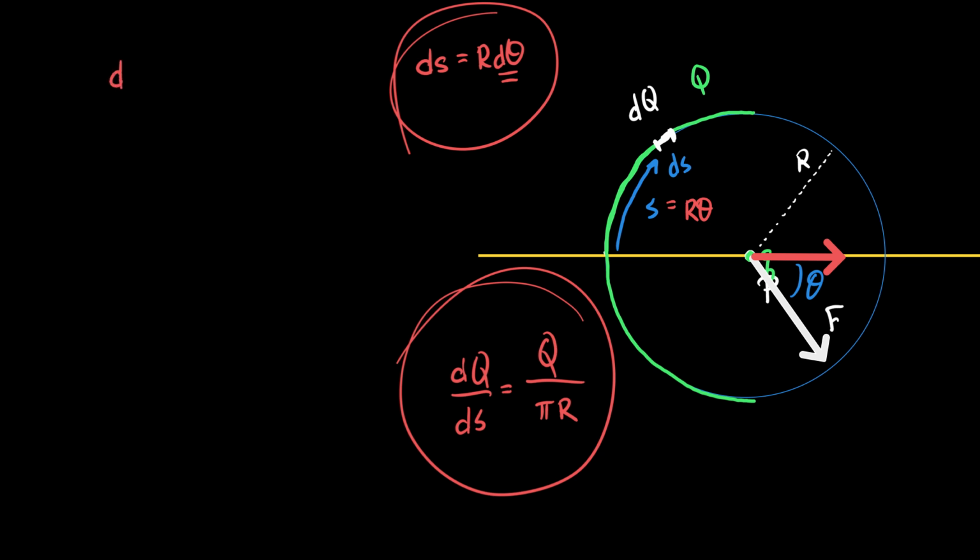First, dq equals Q over pi R ds. I just solved this one for dq. Next, I'm going to do some substitution with ds.